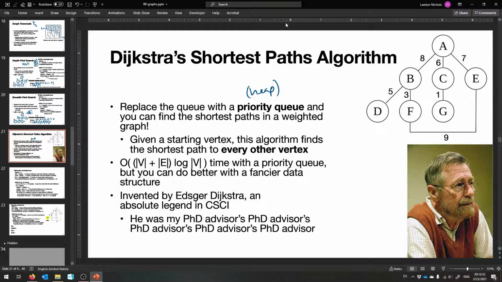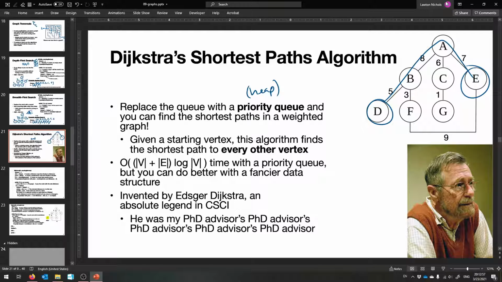If we replace the queue with a priority queue, then we can find the shortest paths in a weighted graph. We can figure out like, okay, the best way to get from, let's say, D to E is not this long route because that's a lot of cost.